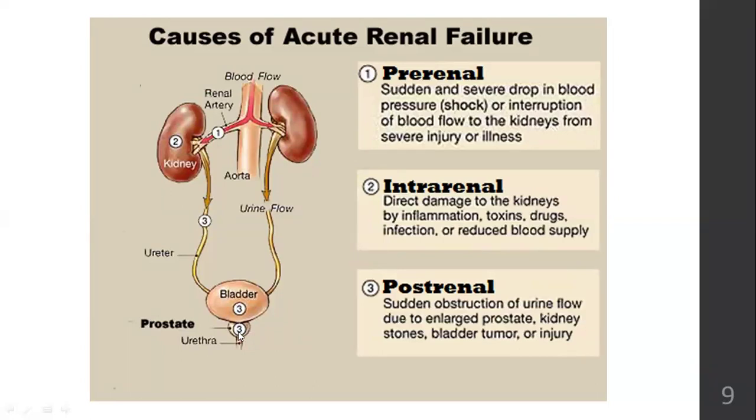So an enlarged prostate can cause this obstruction. Kidney stones can also cause obstruction. Any tumor in the bladder, injury to the bladder, urinary infections that have spread from the urethra to the bladder and are traveling upwards, these can also cause obstruction.